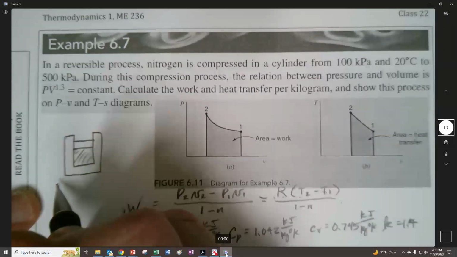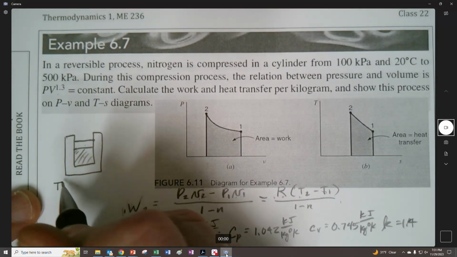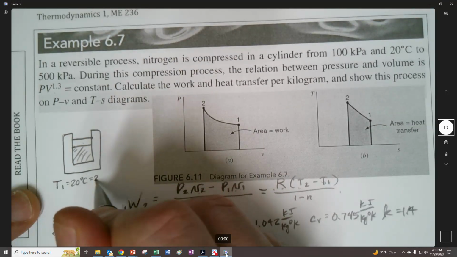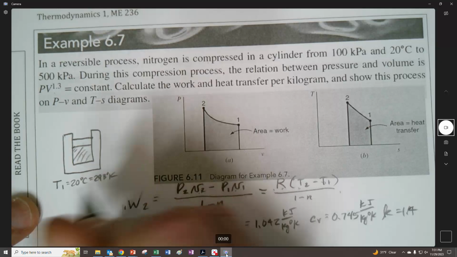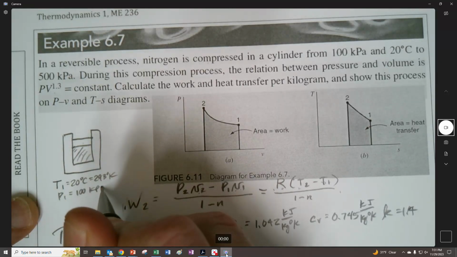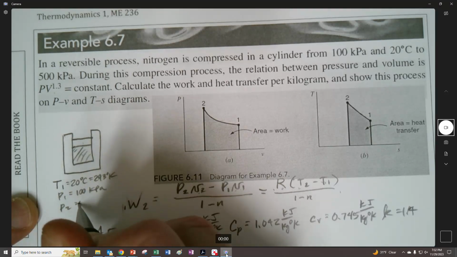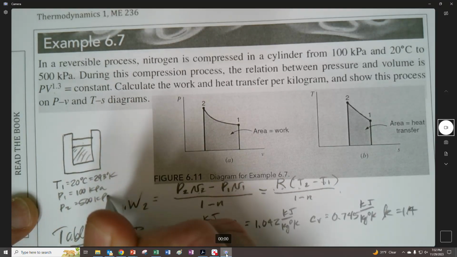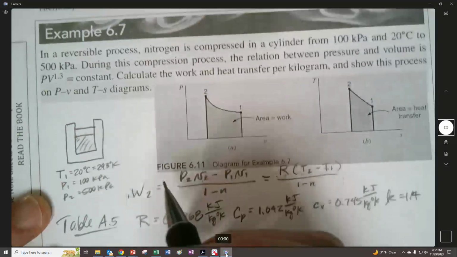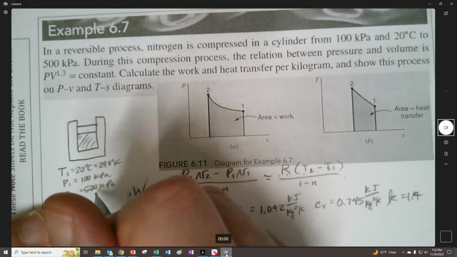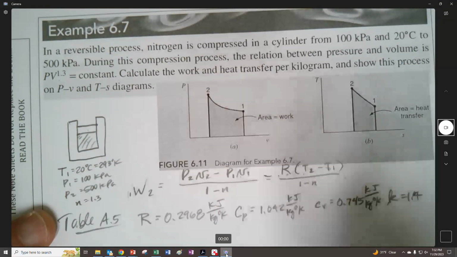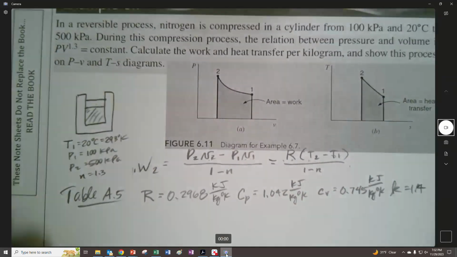One thing I also didn't do that I usually do is write what T1 is equal to: 20 degrees Celsius or 293 degrees K. P1 is 100 kPa, and P2 is 500 kPa. Writing that down can sometimes help me think my way through the problem. We also noticed n is equal to 1.3. Okay, so these are like the givens.